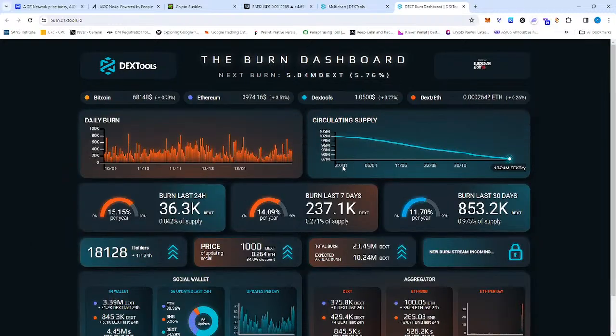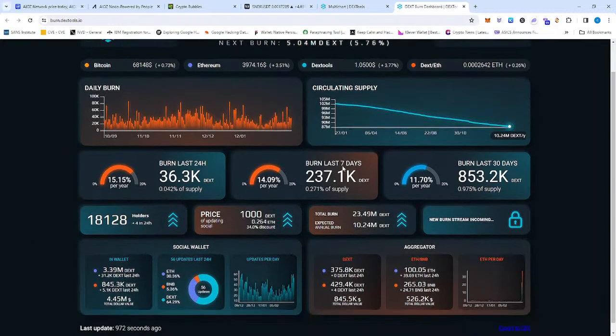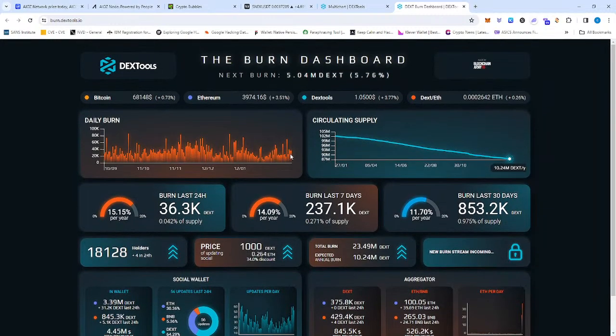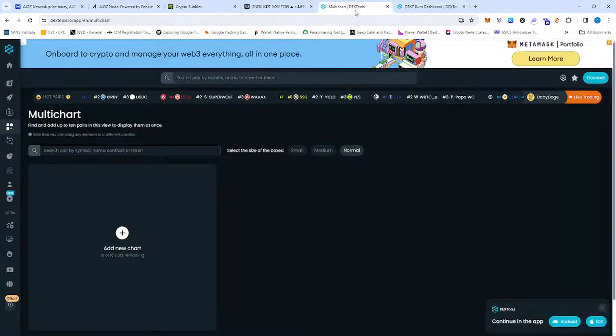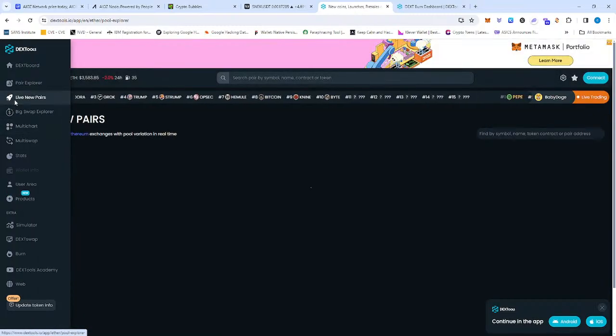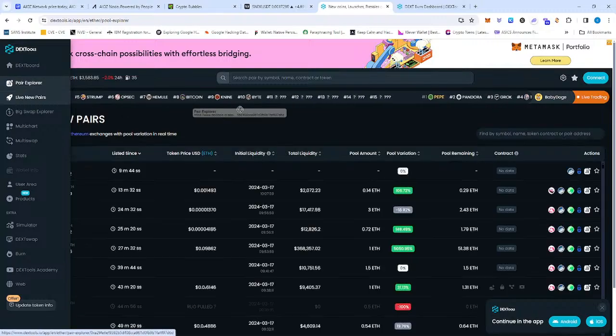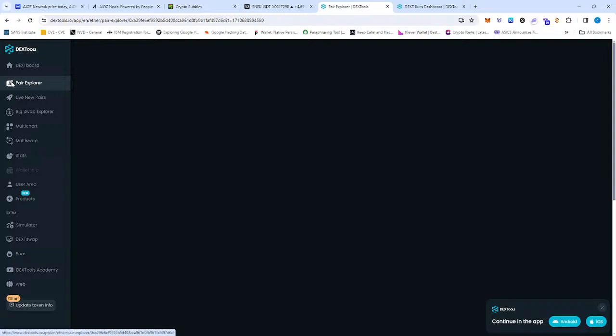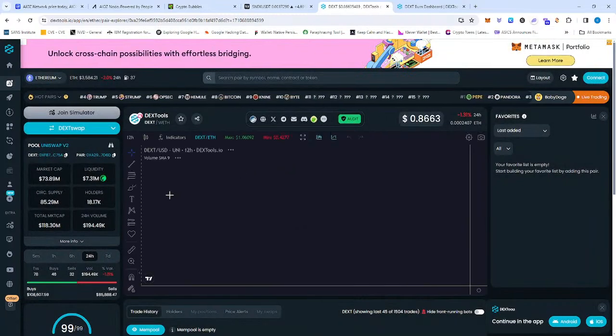You can look here and see how many coins they burned. And they tell you all the pairs that you can use in liquidity.